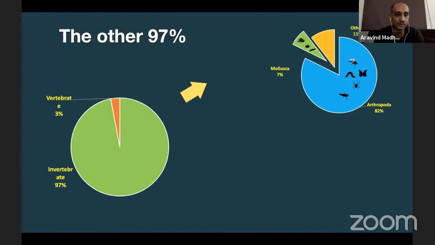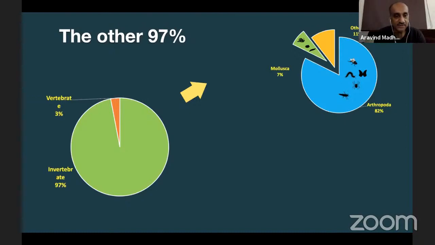A disproportionately large number of studies, funding and researchers generally study the 3% of vertebrates because they are so-called, within inverted commas, charismatic. But there is the other 97% of the biodiversity which dominates the earth.